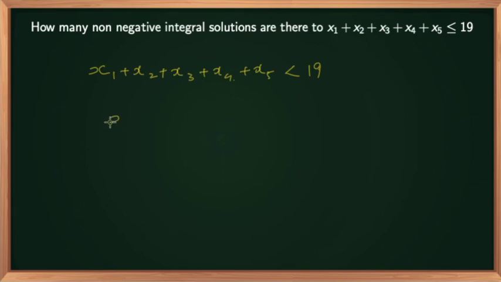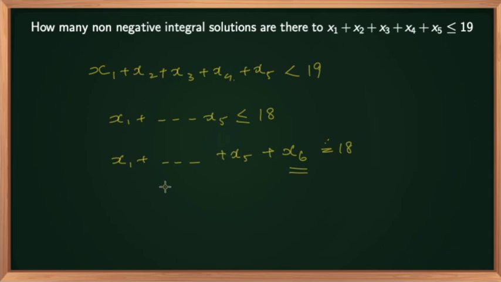I can always write it as h1 plus etc. h5 is less than or equal to 19, which means then I can solve it as a new problem by adding a new box here. Example, h1 plus etc. plus h5 plus h6 less than or equal to 18, where the additional number is I am adding another box.